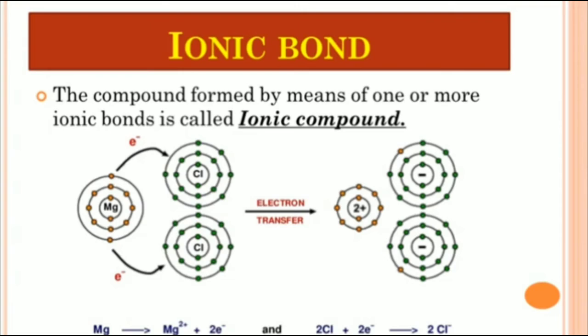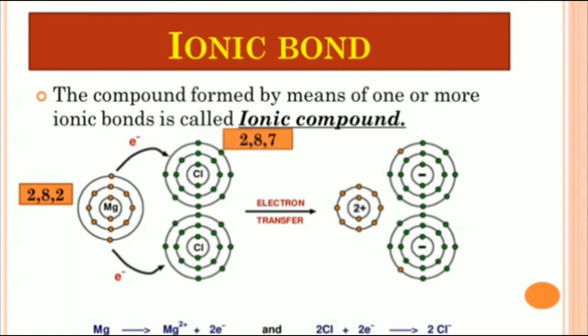So let's see once again. Mg, that is magnesium. What is the electronic configuration of magnesium? It is 2, 8, 2. That means two electrons are there in the valence shell. And what about chlorine?